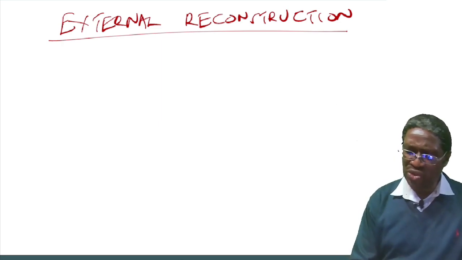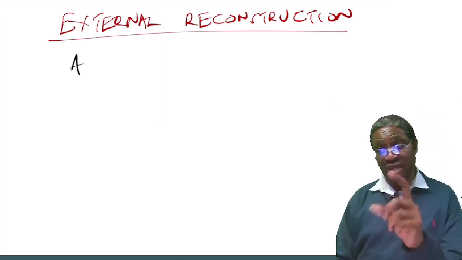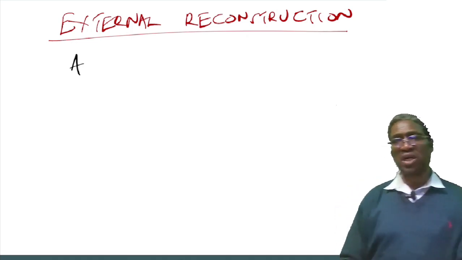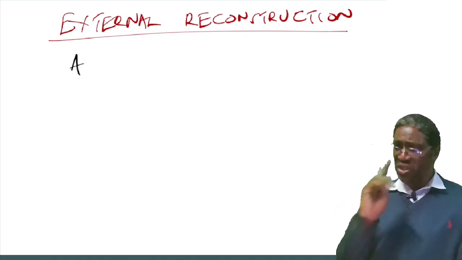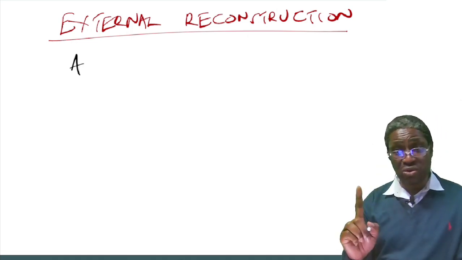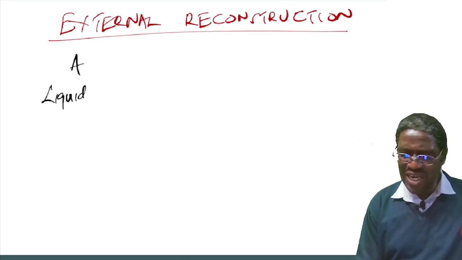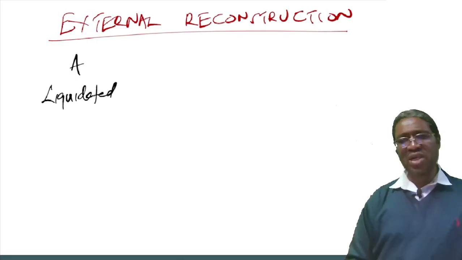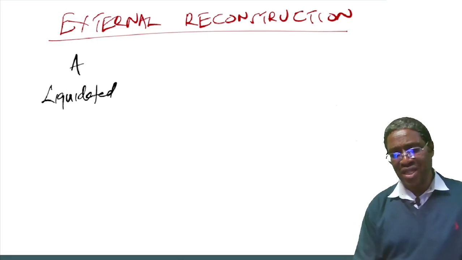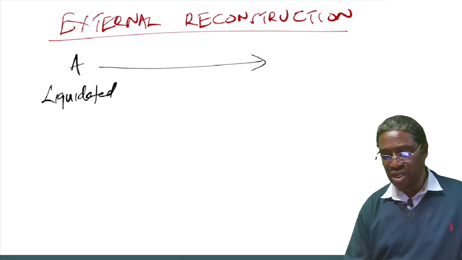So let me assume that we are reconstructing a company called A Limited. We said when a company is reconstructed through external reconstruction, then that company must be liquidated. And then they will sell their business to another company.